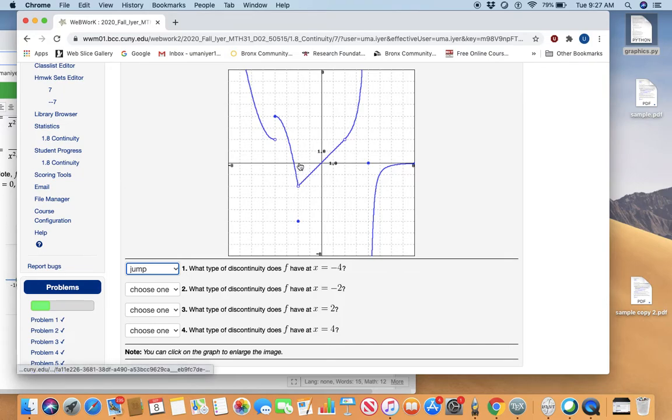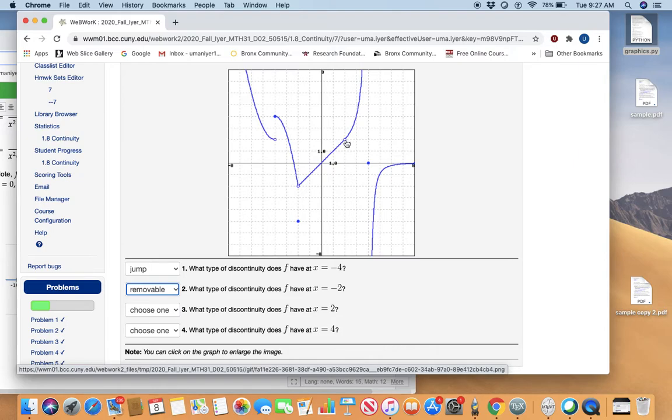What about negative 2? Negative 2 is a removable discontinuity. It's only one point that's a problem. If I moved the point there, it's cleaned up, right? So only one point discontinuity, that is called removable discontinuity. At 2, likewise, that's the only problem there.